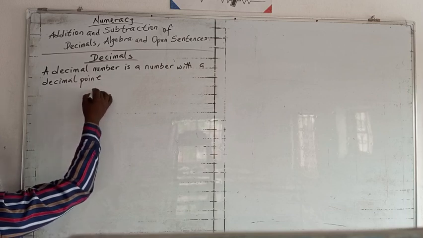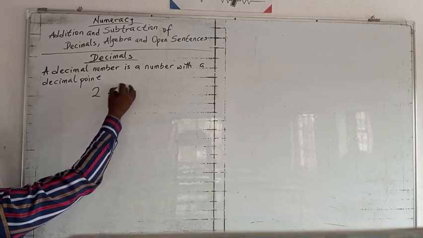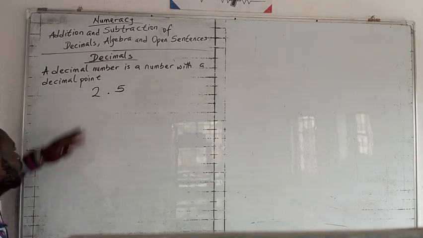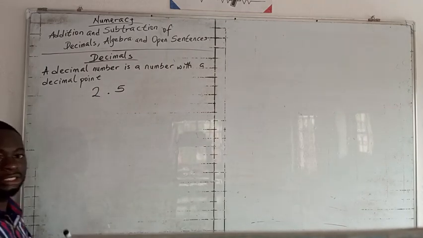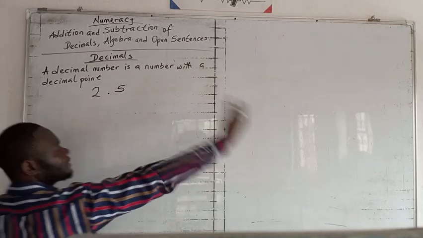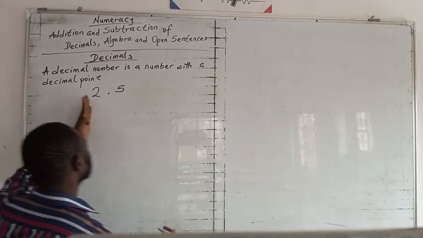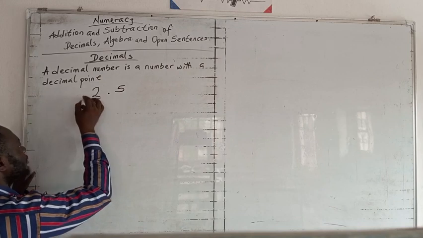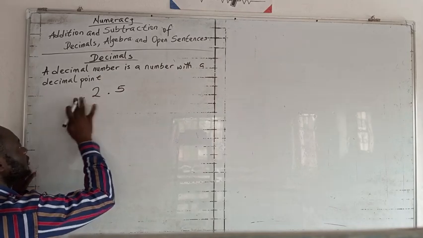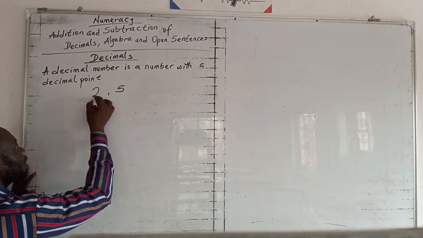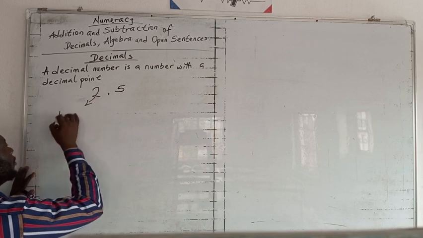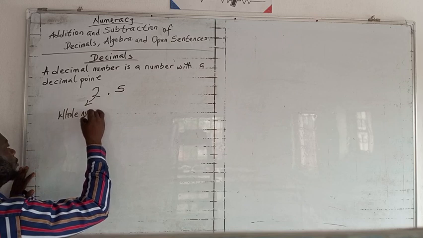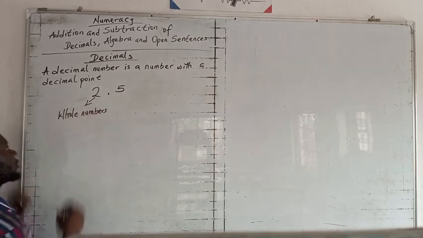So if I have here 2.5, this is a decimal number. Now, if you watch, you see that this decimal number has two hands. It has the right hand side and the left hand side. Now, this side of the decimal number is called the whole numbers.